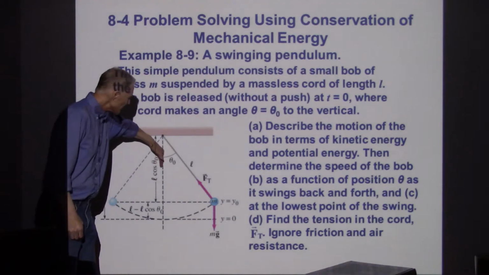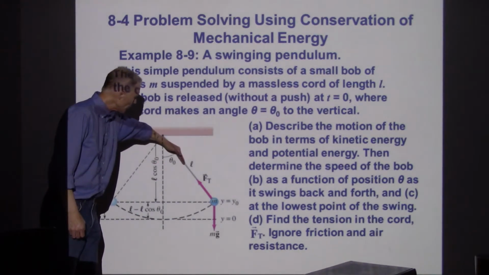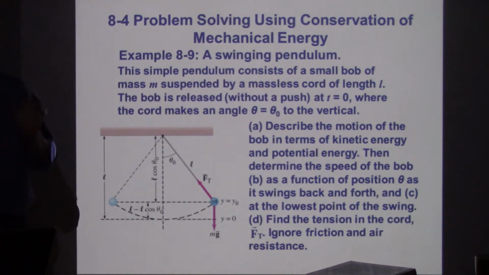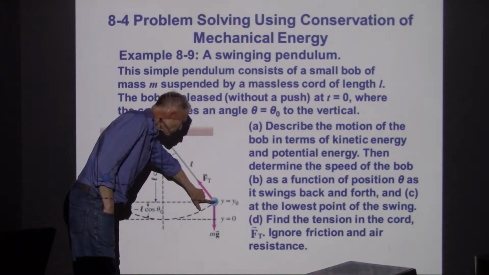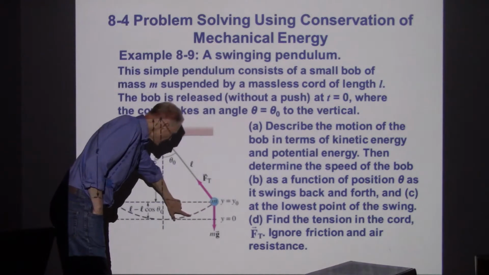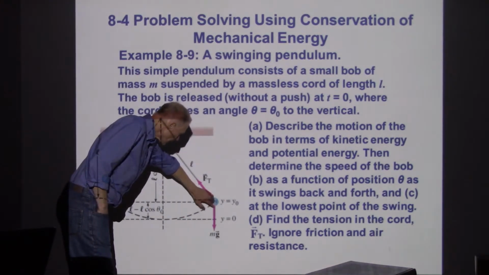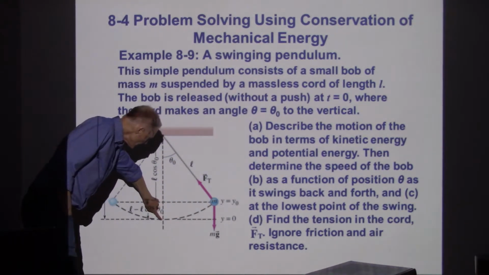So there's this theta naught where we start from out here, but there's a variable theta everywhere in between. So I think we got part A figured out here in terms of V is equal to 0 here, and then it picks up speed. That means the kinetic energy is 0, and then it picks up speed until it gets to the bottom, and then it slows down.